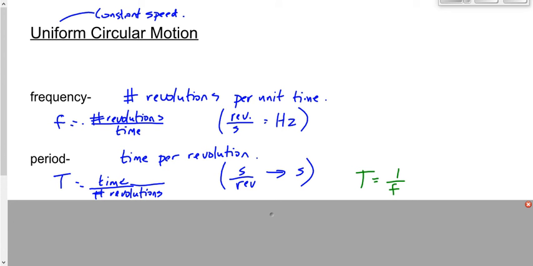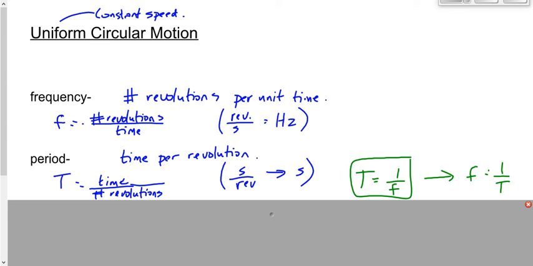One over the frequency, the inverse of the frequency. Period is still going to be measured in seconds. Frequency is still going to be measured in revolutions per second or in hertz. It's actually this equation that appears on your data sheet for period. Of course, you could rearrange that and say f is equal to 1 over the period as well.